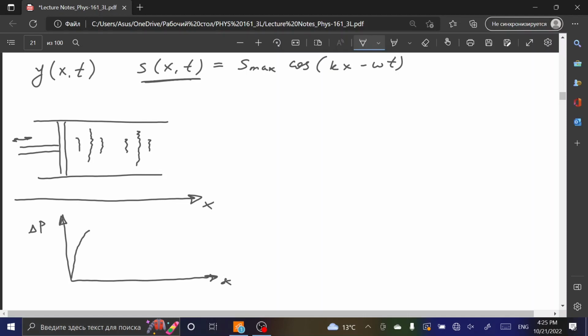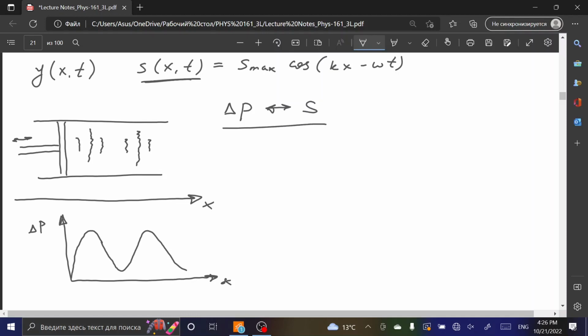It will go up, down, and again up and down. So that is the function which describes the change in pressure inside this tube. So now what we want to do is find the relationship between the change in pressure and the displacement of small elements of air, s.